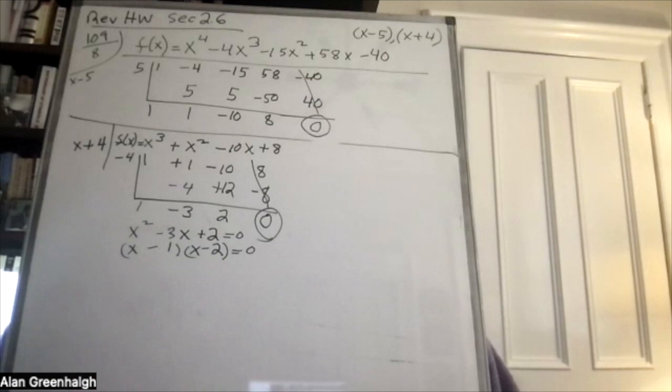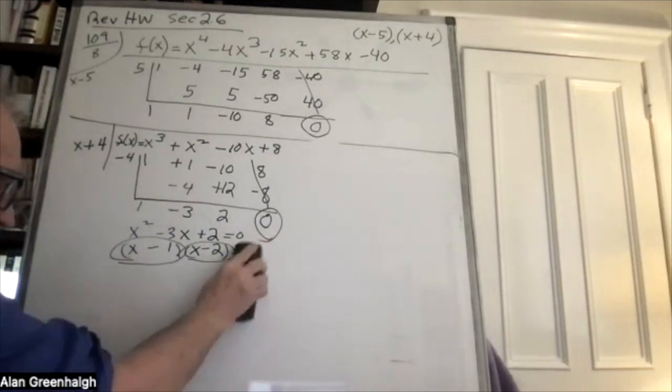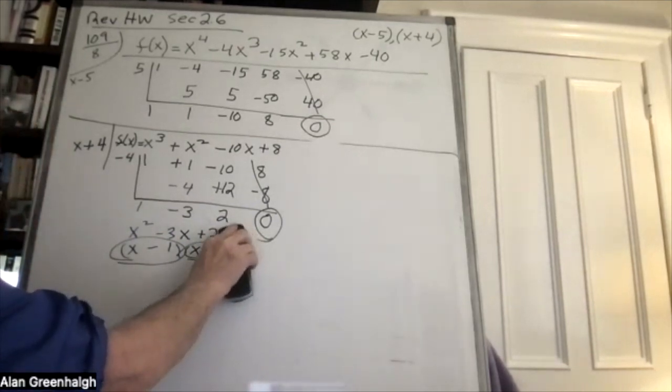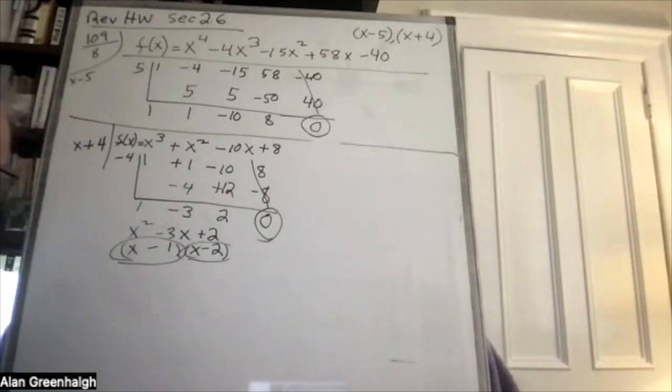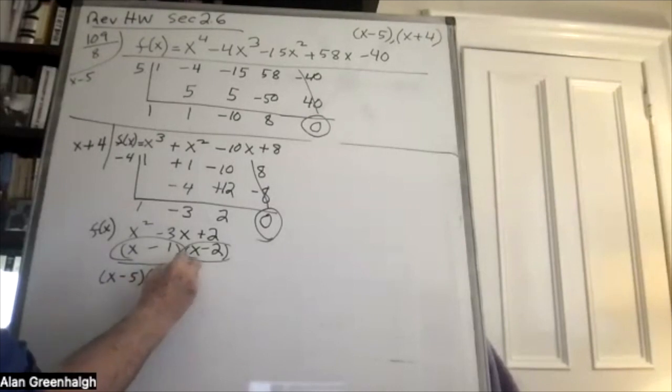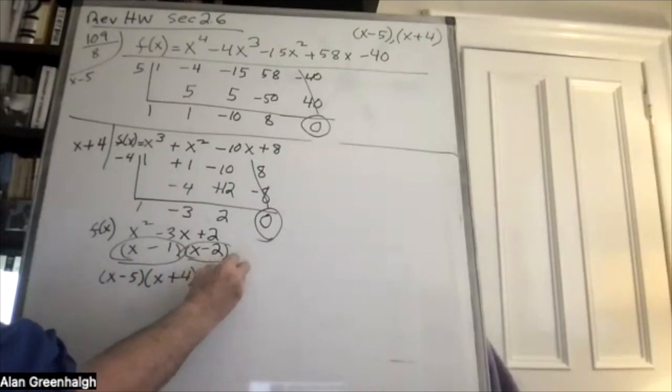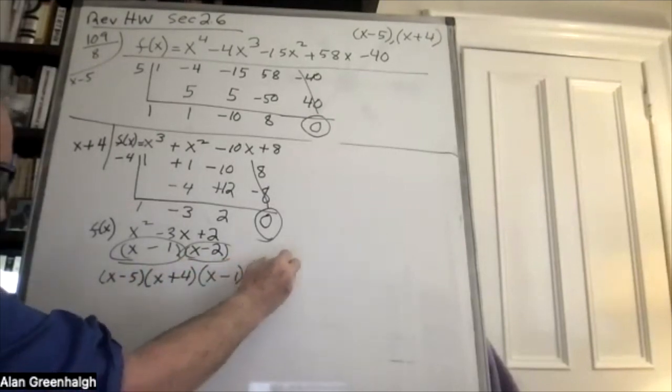And that's it. These are all the factors. You don't even need to put the negative because you're not really solving an equation, so it's really f of x. That's why they keep doing that, because you weren't being asked to solve an equation. So the answer to the question is x minus 5, which is what they gave us, times x plus 4, times x minus 1, times x minus 2.